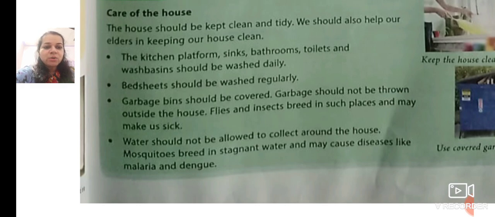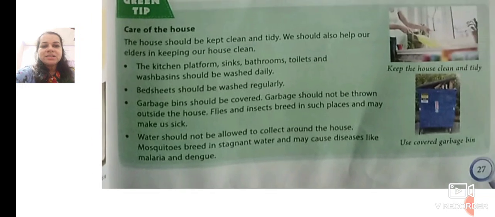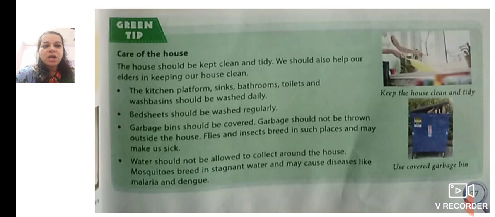We should not allow water to get collected outside the entrance of our house, because mosquitoes come and sit on that water, and if a mosquito comes inside our house and bites us, we may get diseases like malaria and dengue. So these are the tips to keep our house clean and tidy.